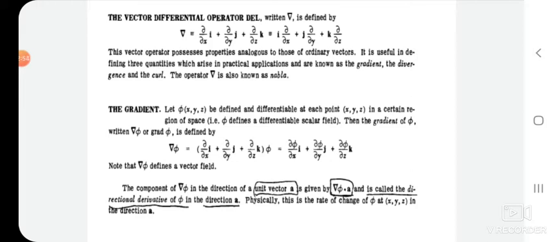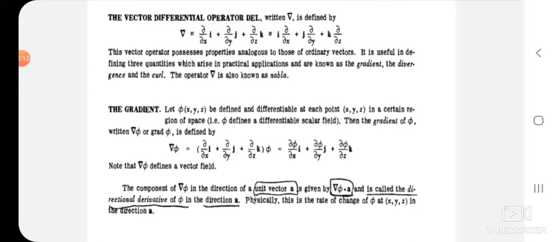When that operator operates on phi, where phi is a function of x, y, z, in that case del phi is equal to i ∂/∂x plus j ∂/∂y plus k ∂/∂z acting on phi.